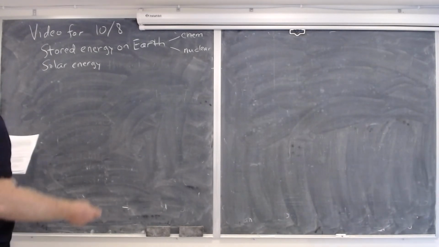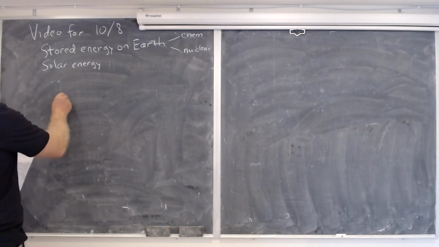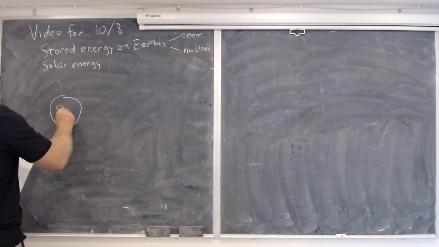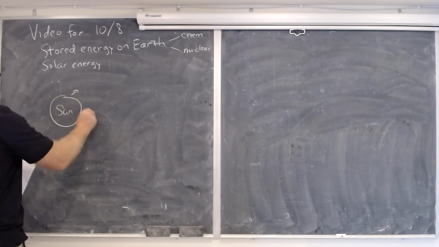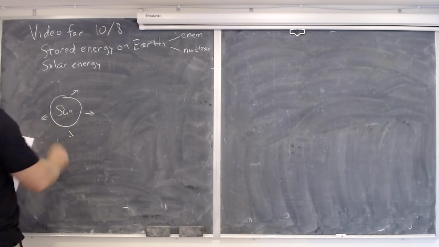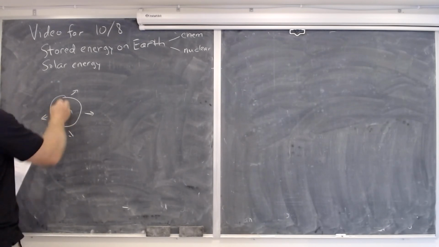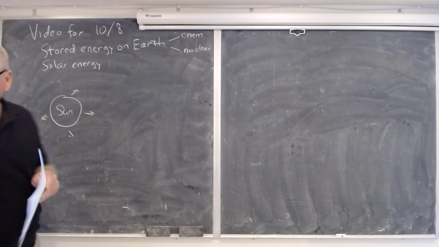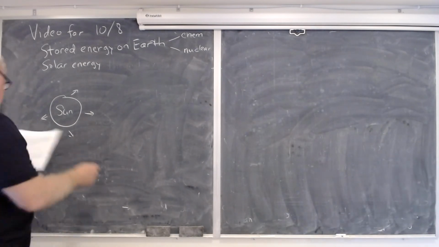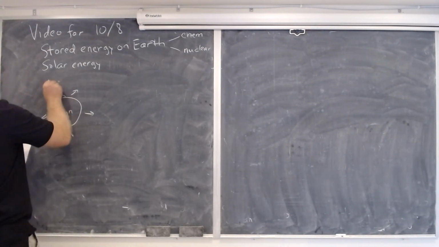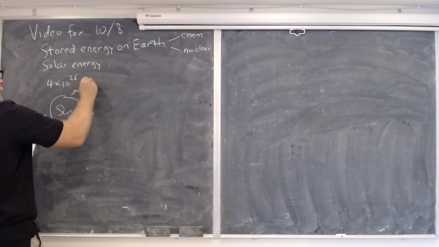If you have the sun, and we went through in the introduction that the sun is outputting light, electromagnetic radiation, to the tune of 4 times 10 to the 26 watts.